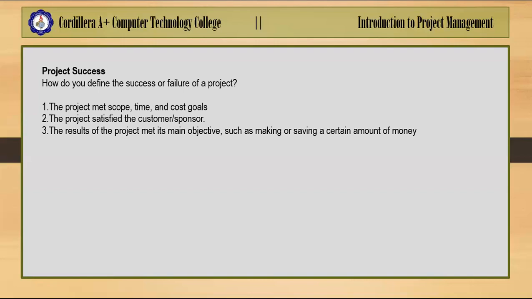Siyempre, di ba, paano mo masasabing successful yung project mo kung yung customer mo is hindi siya masaya? So conversely, yung project might not meet yung initial scope, yung time, and yung cost goals, pero yung customer could still be satisfied. Perhaps yung project team took a longer time and spent more money than planned.